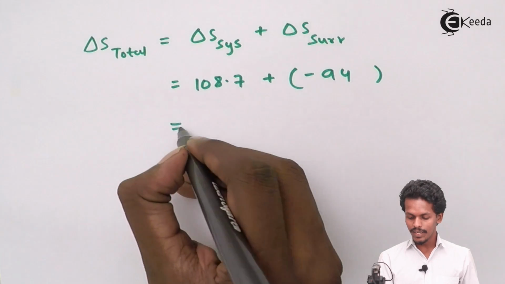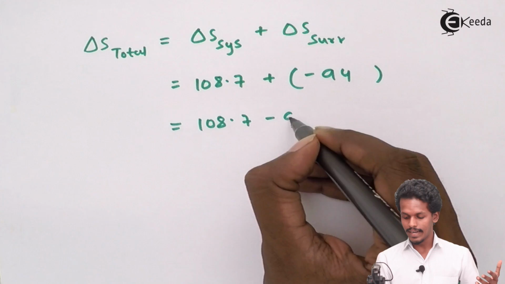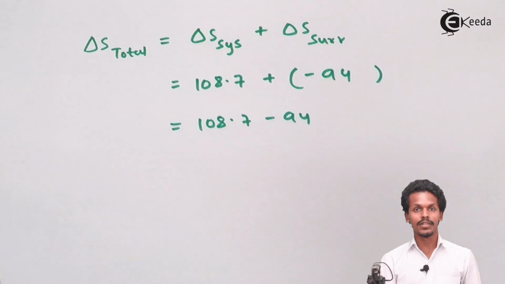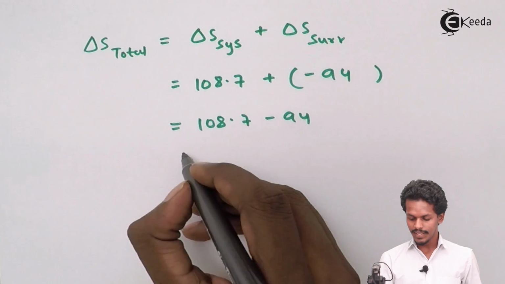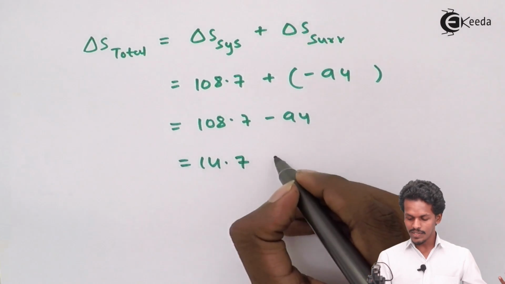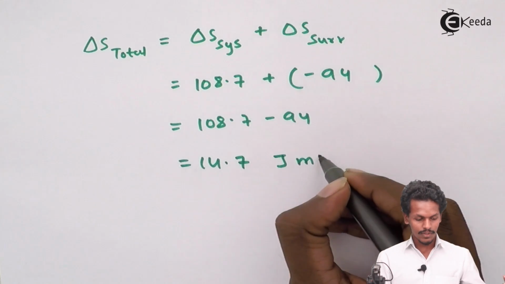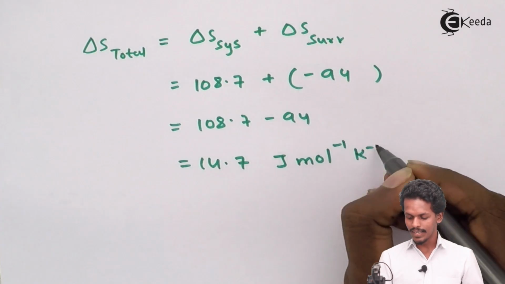So in this case, we'll find the value of delta S total, which is basically 14.7. So this is the value of 14.7 joules per mole that we have got, but the unit was divided by temperature also, so this would be per Kelvin.